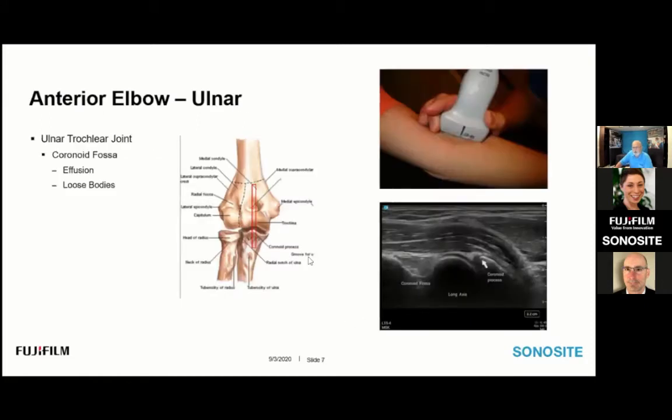Sliding the transducer medially, still in a longitudinal scan plane to the arm, notice that as opposed to the squared off appearance of the radial head, we see a more pointed appearance to the coronoid process of the ulna. Superior to the ulna is the humeral trochlea, and moving just superior to the trochlea, we recognize the coronoid fossa, so named as it will, when the arm is flexed, accommodate the position of the coronoid process.